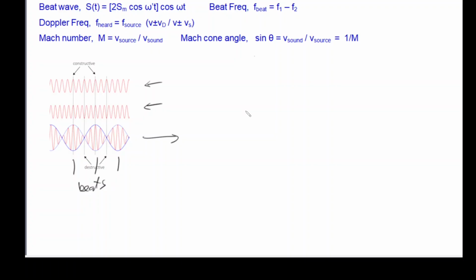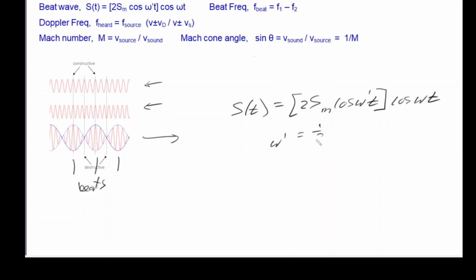And we can write an equation for this resulting wave, and that is s of t is equal to 2 s sub m cosine omega prime t times cosine omega t, where omega prime is equal to 1/2 (omega 1 minus omega 2), and omega is equal to 1/2 (omega 1 plus omega 2).